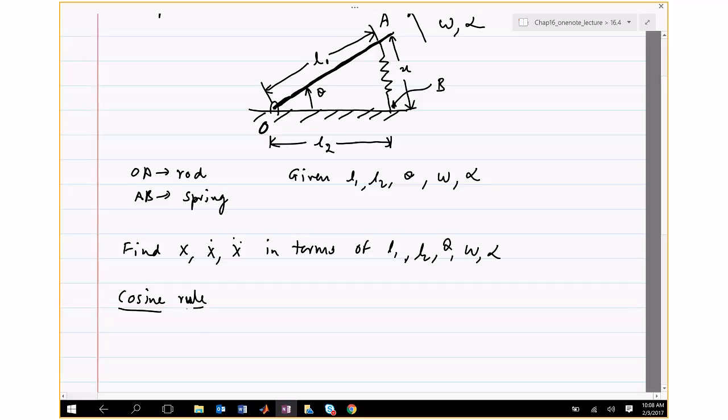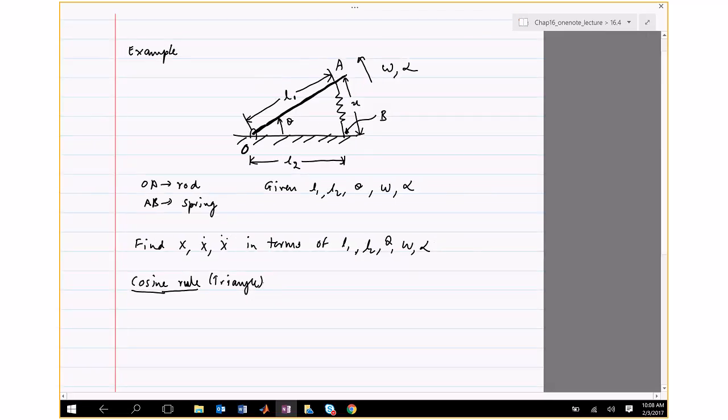So the cosine rule is for a triangle, and it says that if you want to find x squared, which is this, then it's going to be L1 square, the adjacent side, plus L2 square, the other adjacent side, minus 2 times L1 L2 times the cosine of the angle between L1 and L2. So that's going to be cosine of theta.